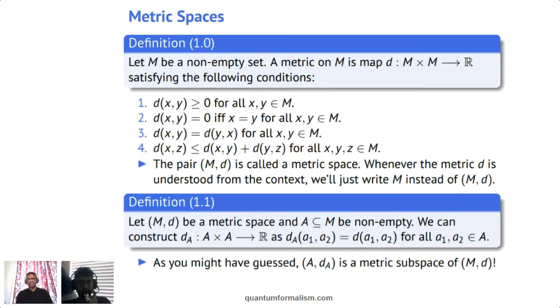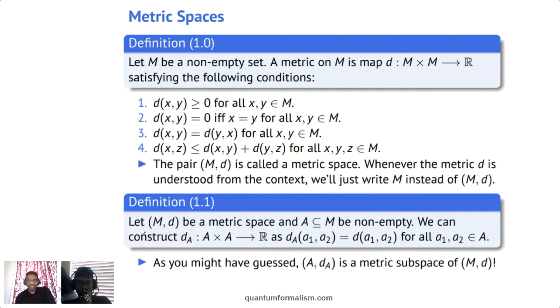Whenever the metric D is understood from the context, there's no need to write this pair. We will be doing it because we are working mostly in the abstract until we get to the concrete stuff. But whenever the metric D is understood, we just write M and call it a metric space.